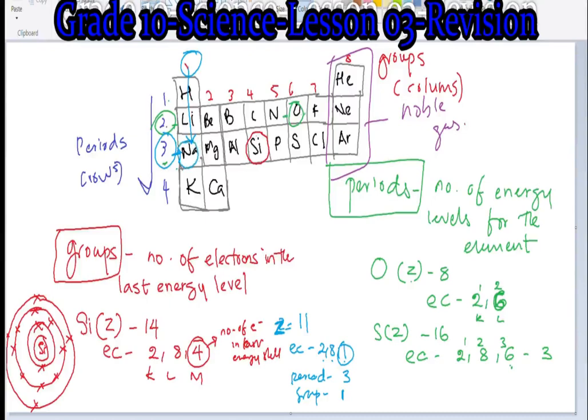This element here. That is how you find and position elements.